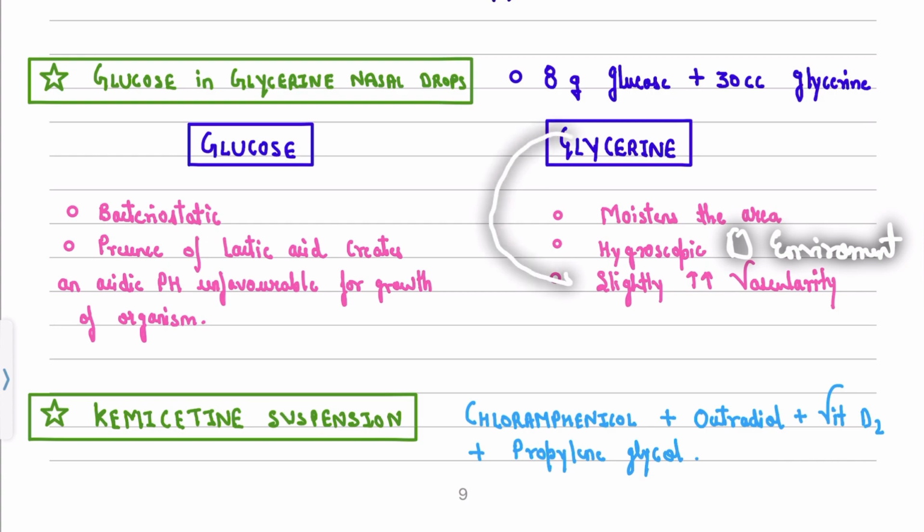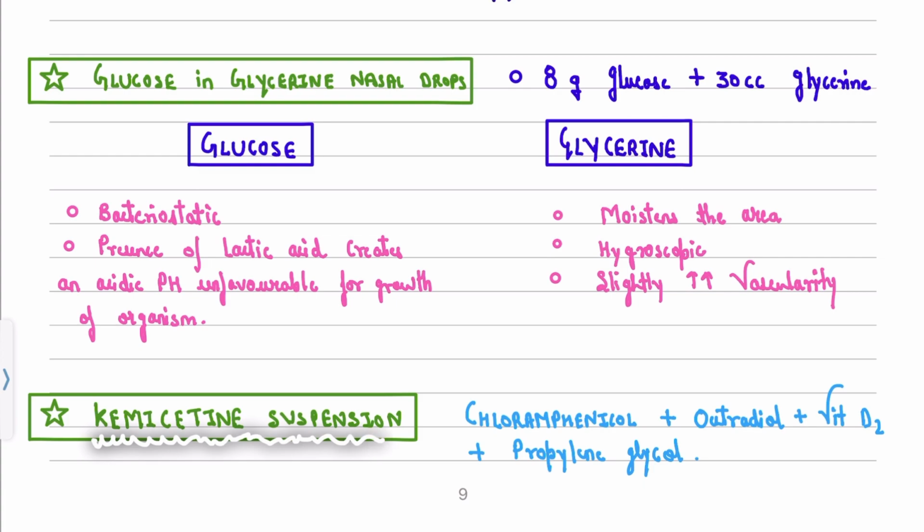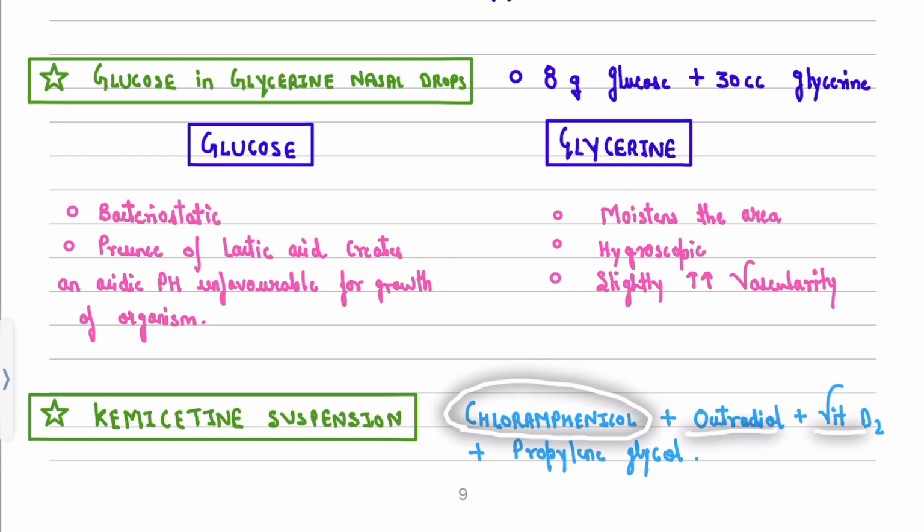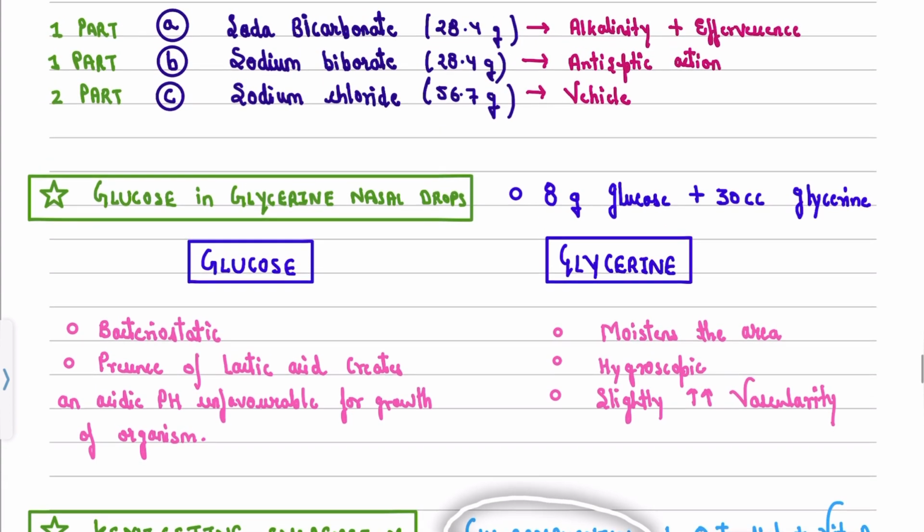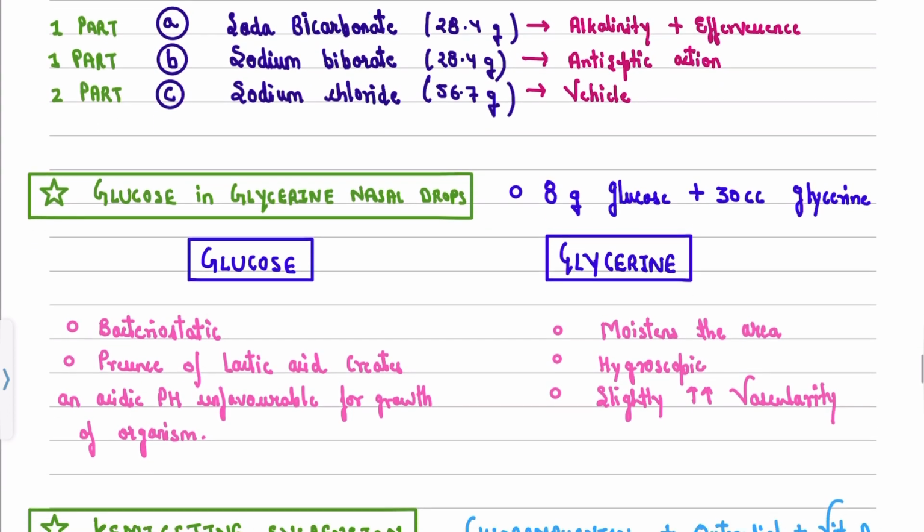Glycerin also slightly increases the vascularity of the nasal cavity. And finally, we might try the chemacetine suspension. It contains the antibiotic chloramphenicol, and also estradiol, vitamin D2 and propylene glycol. So all these are individual medical managements.